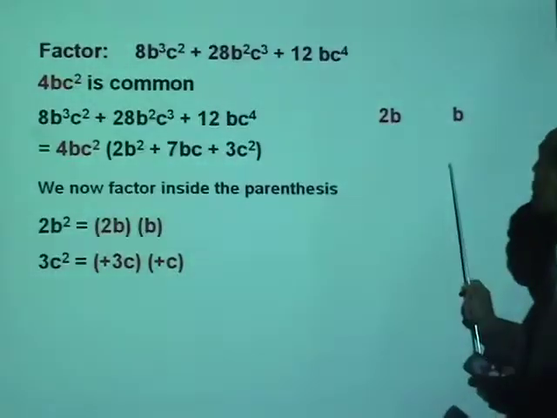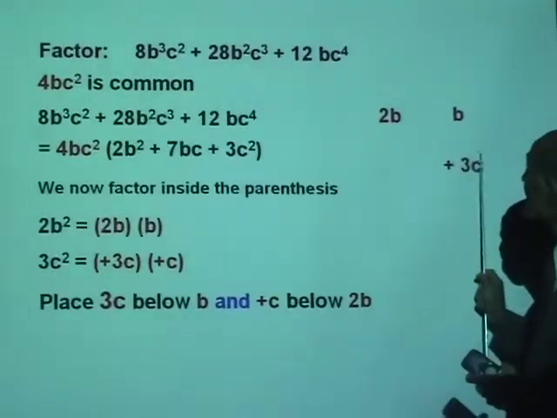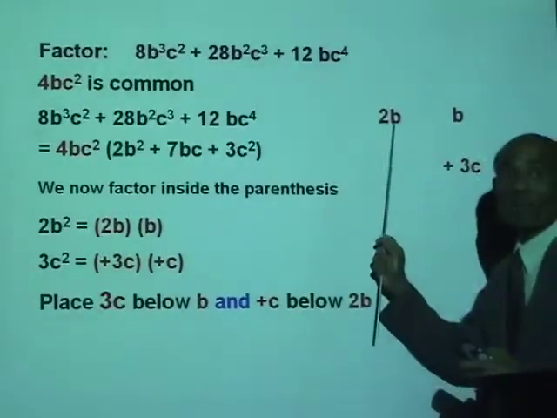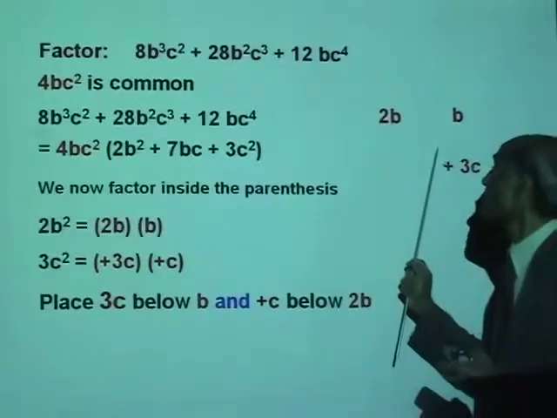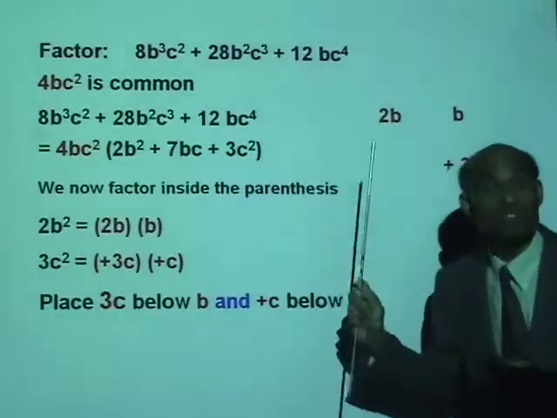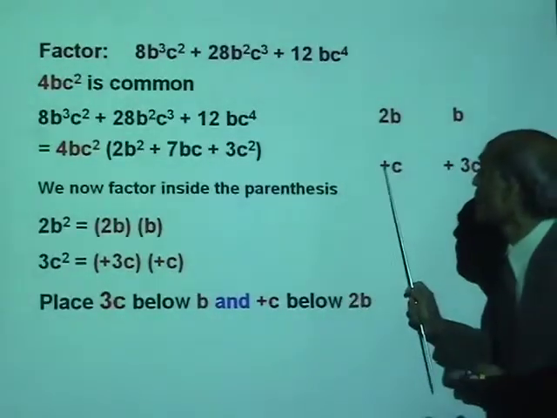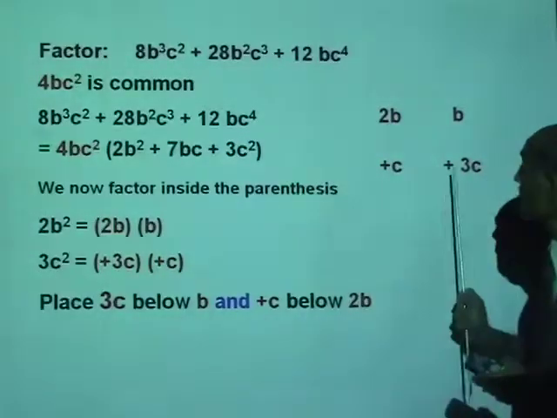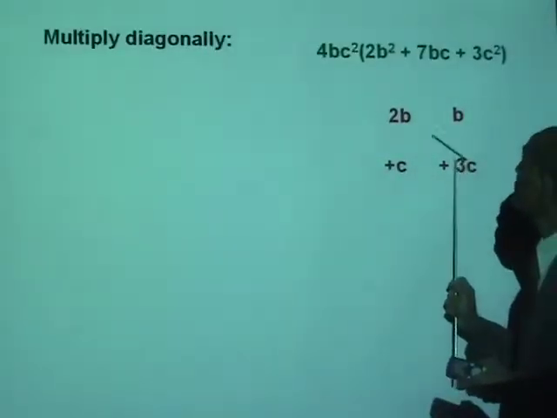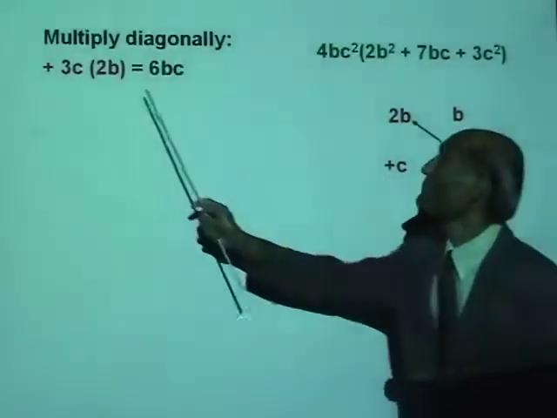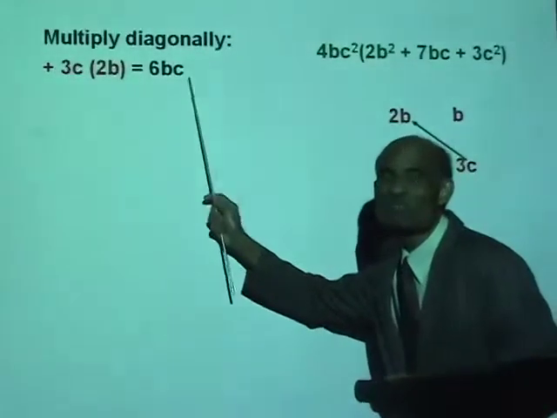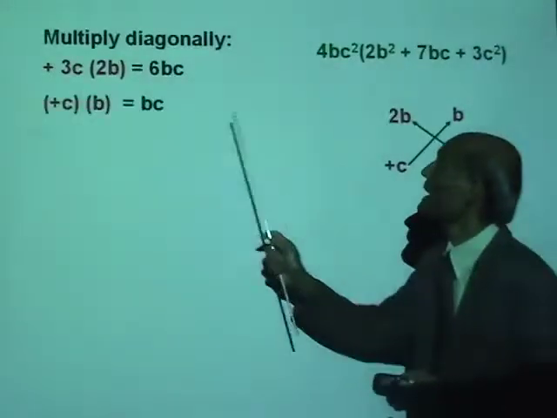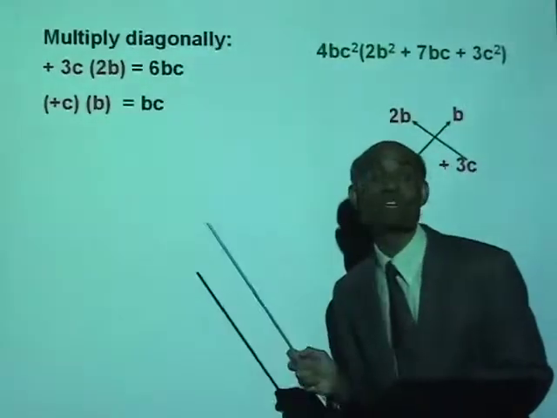So I write my 3c here below that b, so that diagonal multiplication will multiply the 3 with the 2, and positive c below 2b. Alright, let's multiply diagonally. 3c multiplied by 2b is 6bc, and the c multiplied by b is 1bc.